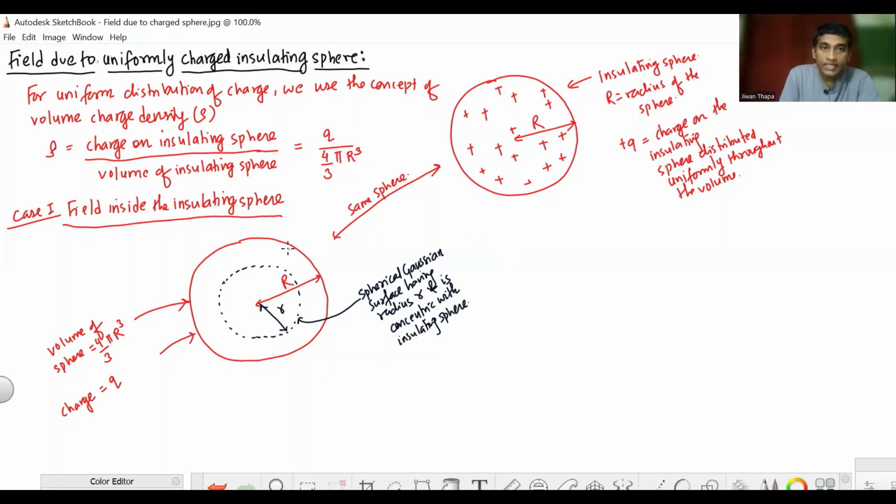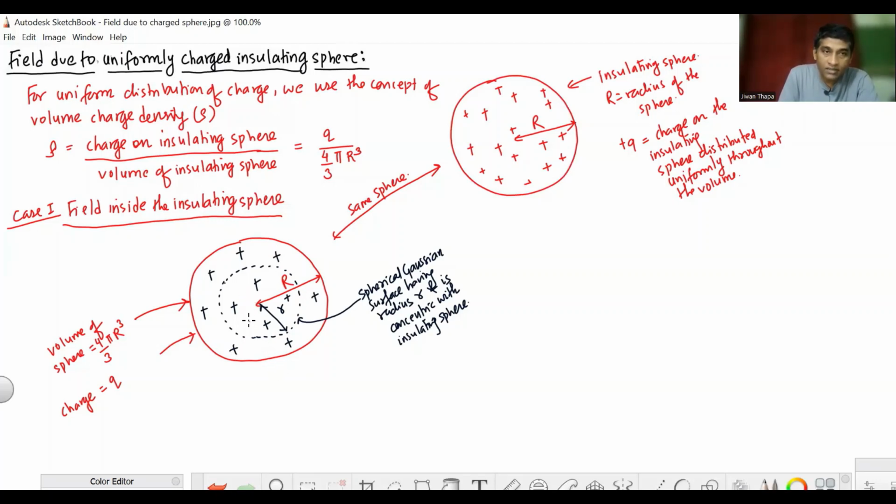Now, as I said earlier, charges are distributed uniformly throughout the volume of the insulating sphere, so the Gaussian surface encloses some charge.